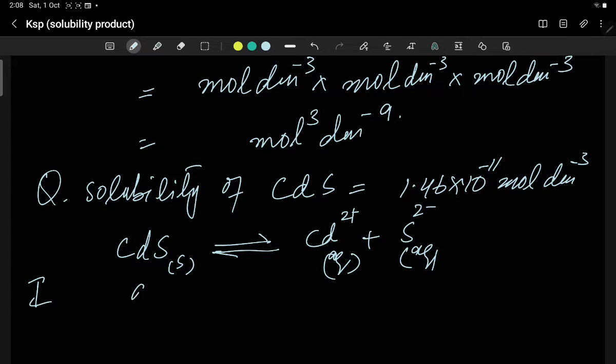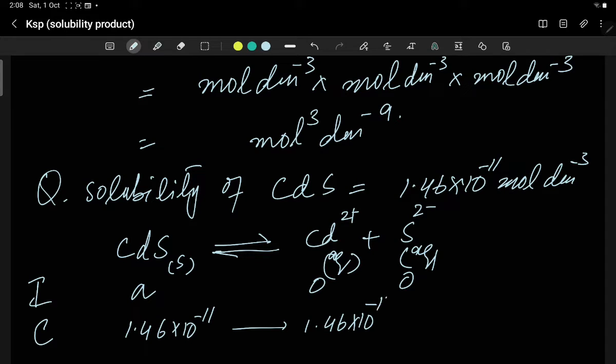Initial mole is 0 and this is 0. The change in mole is 1.46 × 10^-11, this is 1.46 × 10^-11, and this is 1.46 × 10^-11.